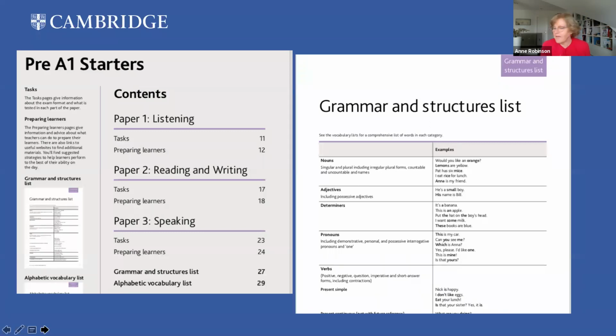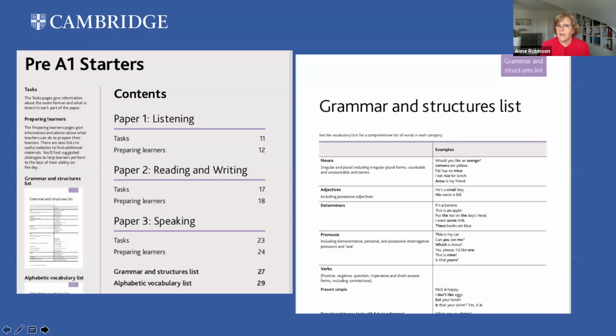At starters level, by far of the whole word list, about 2/3 of the word list are nouns. So that's the most important thing for young learners at pre-A1 starters. Nouns name things, and that's what we start doing with children. We get them to say, what's this? It's an apple. What's this? It's water.